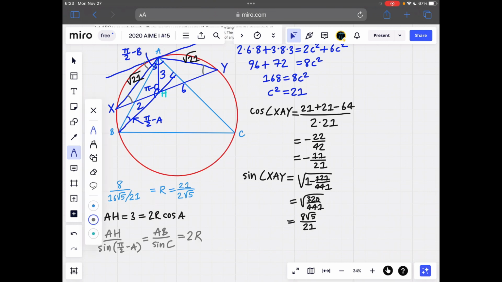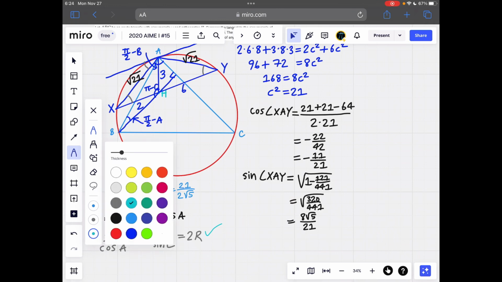And AH over sine pi over 2 minus A, well, sine pi over 2 minus A is just cosine A. So AH over cosine A is equal to 2R. And we have proved that AH is equal to 2R cosine A. Now we can use this.